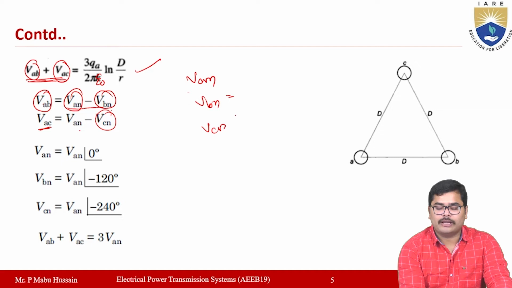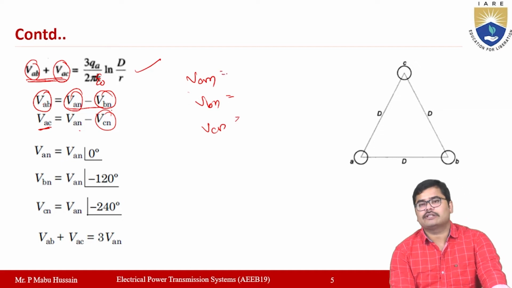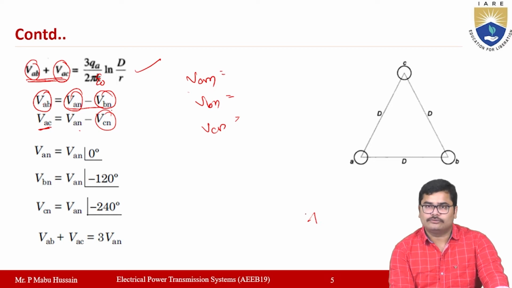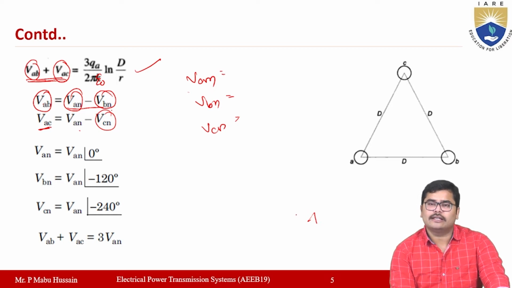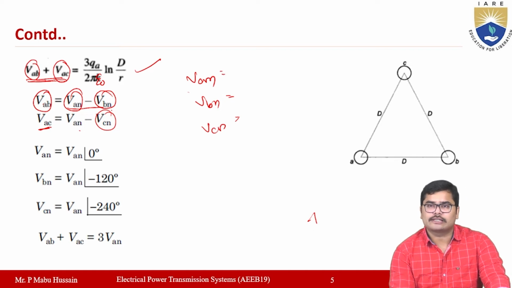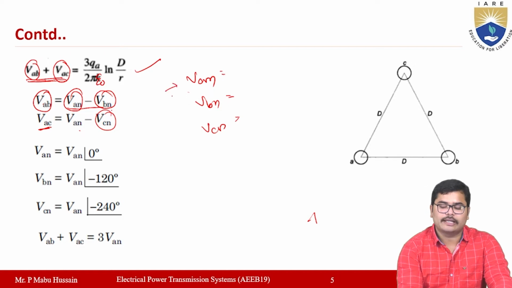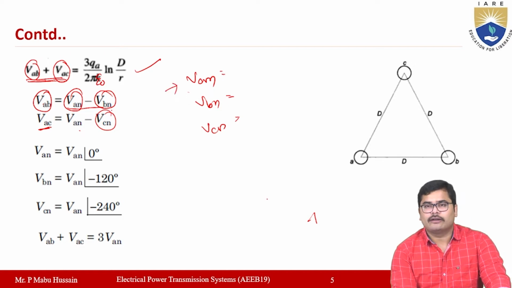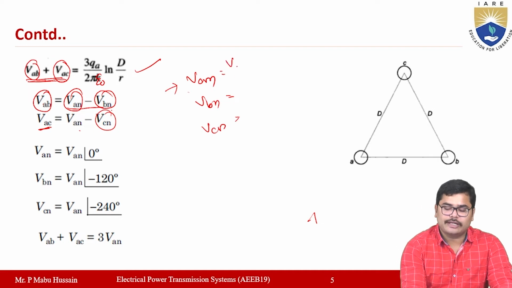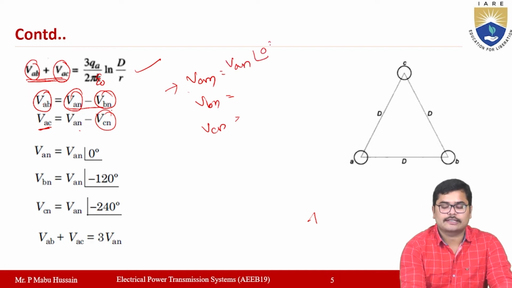VAN, VBN and VCN are the per phase voltages. In a three-phase system you have 3 phases, and if it is balanced, then the magnitude will be the same. Out of the 3 phases, you can consider one phase as the reference phase. If you consider VAN, the voltage in phase A, as the reference, this can be written as VAN at an angle 0 degrees.